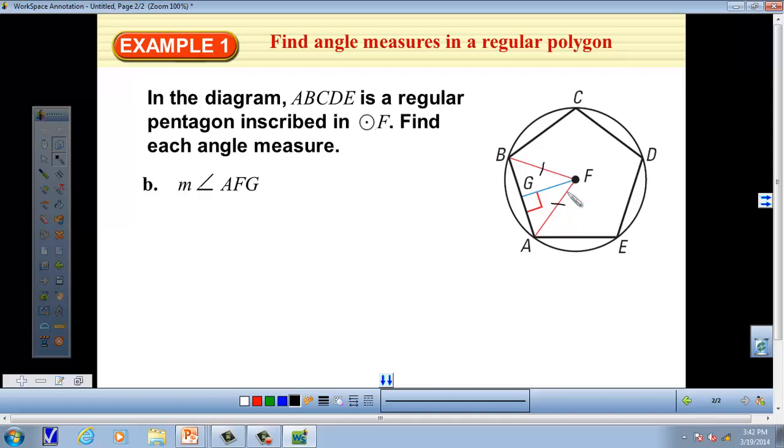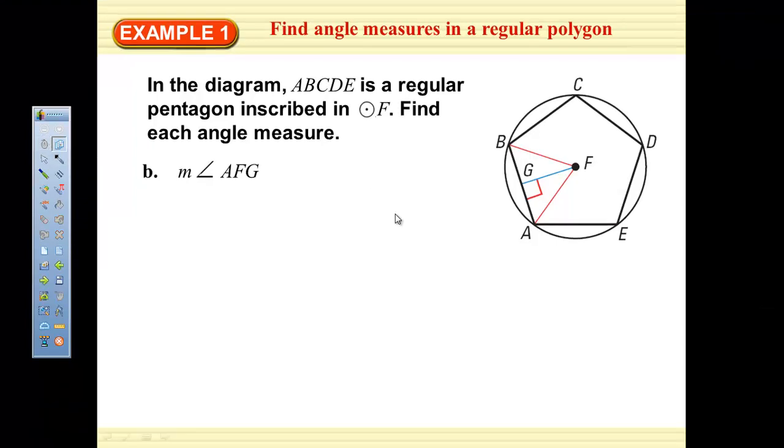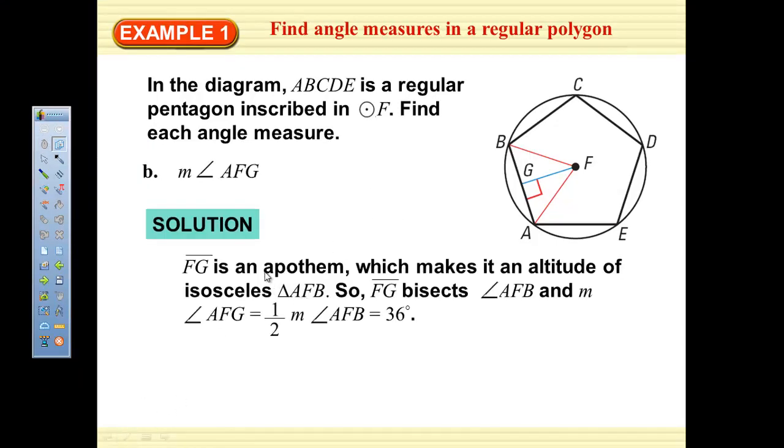So since this whole angle is 72, each of these angles is 72 divided by 2, or 36 degrees. Okay? So again, FG is the apothem, and it makes an altitude. It bisects this angle, so it's half of the angle, 72, so that's 36.